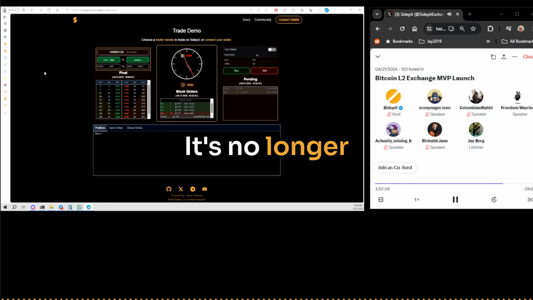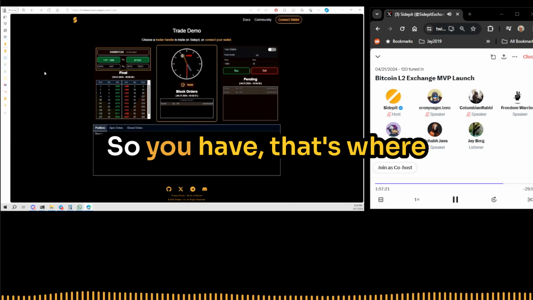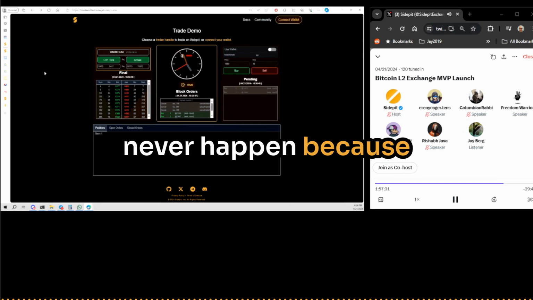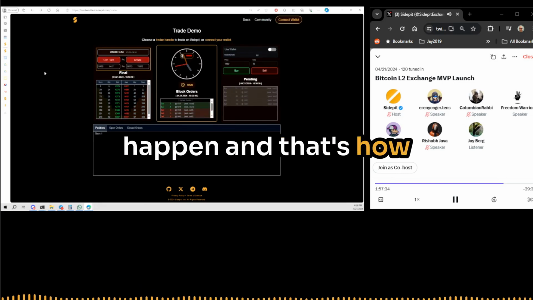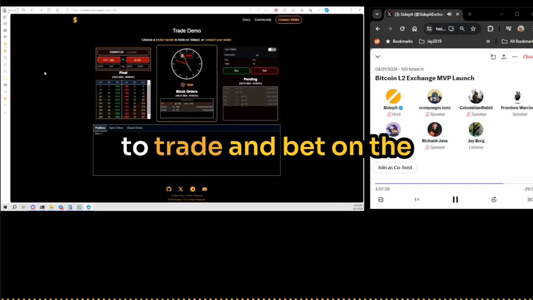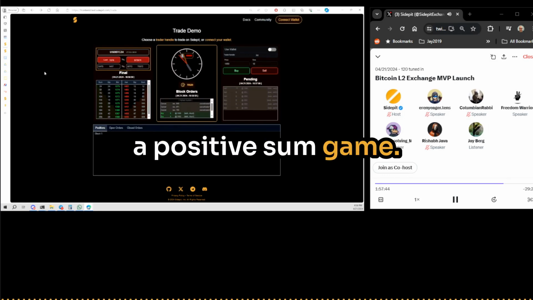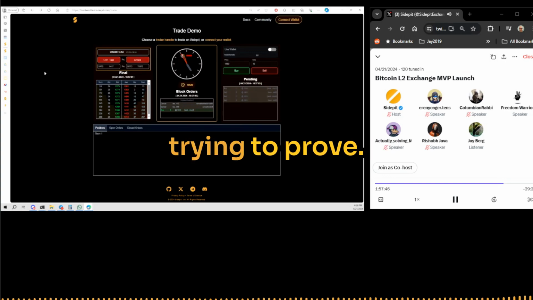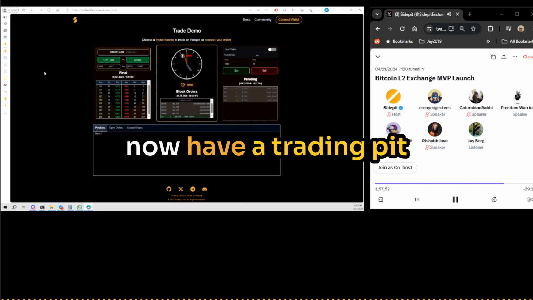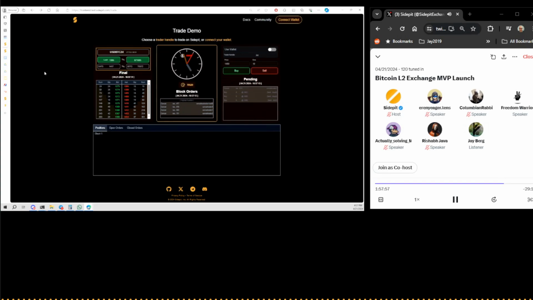It's no longer feasible, right? That's where the game theory comes in. We all agree that will never happen because we just don't allow it to happen. That's how we're able to create this Nash equilibrium where everyone is there to trade and bet on the price, because it's a positive sum game. That's what we're trying to prove. If we could prove that, then we have a trading pit that's virtual instead of physical. And that's the goal.